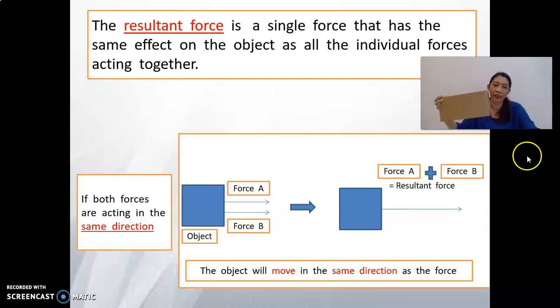Force A plus force B equals the resultant force, in newtons. The object will move in the same direction as the forces. If the direction is the same, we use plus.